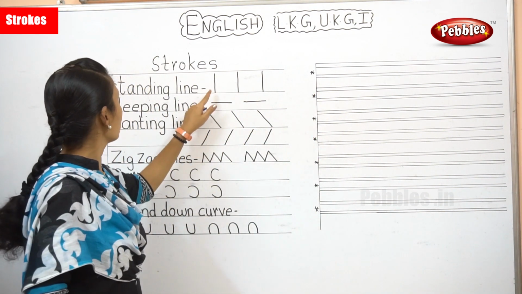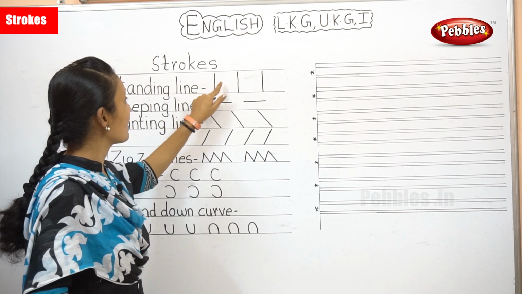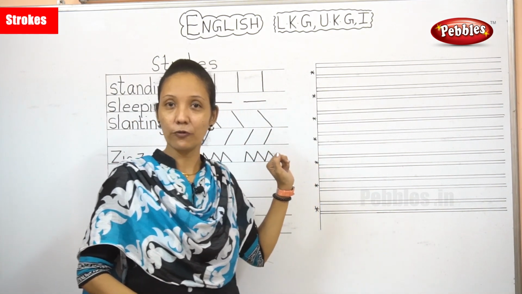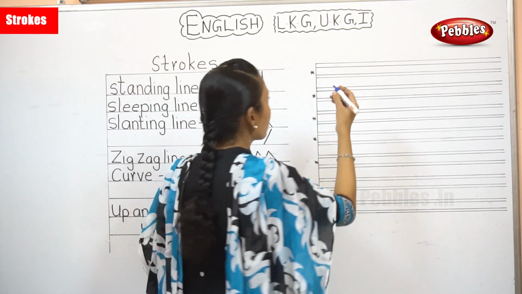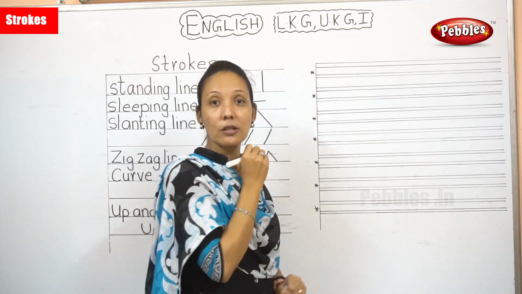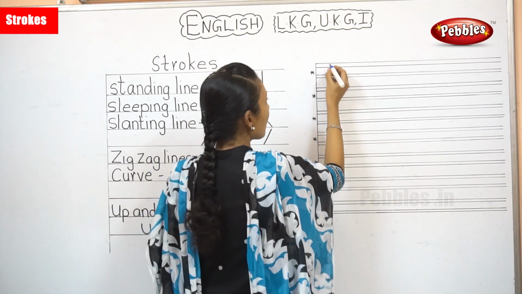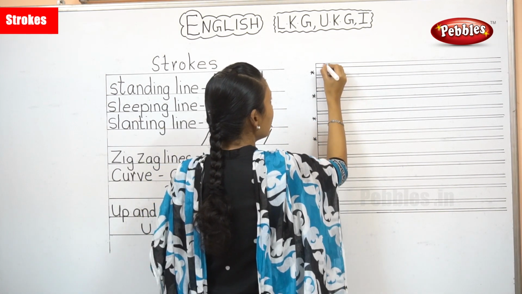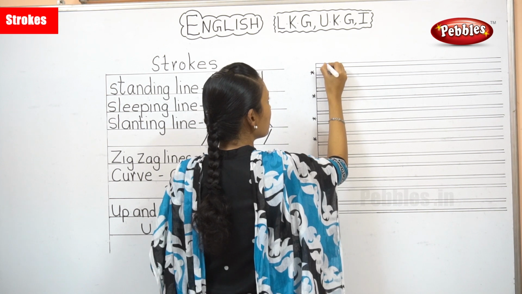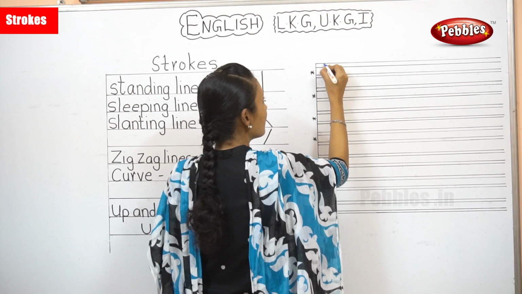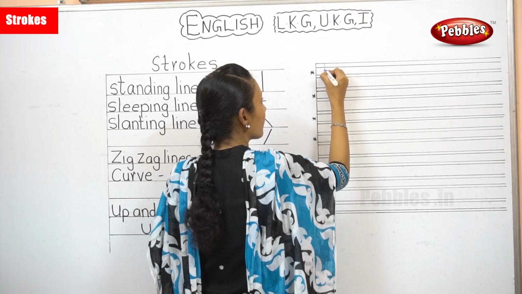Okay. So now, shall we see how to write standing line on the 4 line? Yes. Now, you should see where you are supposed to begin your standing line. Okay. Now, you will start it on your first line and come down. It's your standing line.